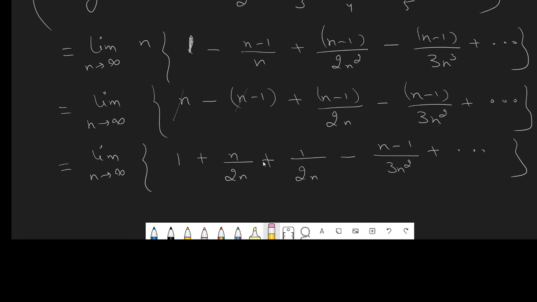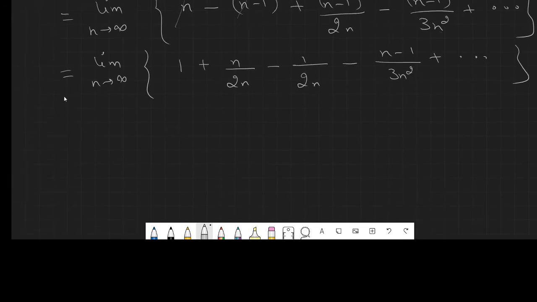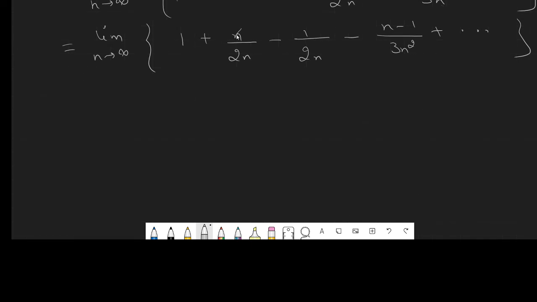So no, that will be minus. Okay, then now this n will cut off, and finally limit n tends to infinity is 1 plus 1 by 2 minus (n minus 1) by 3n squared plus dot dot dot.